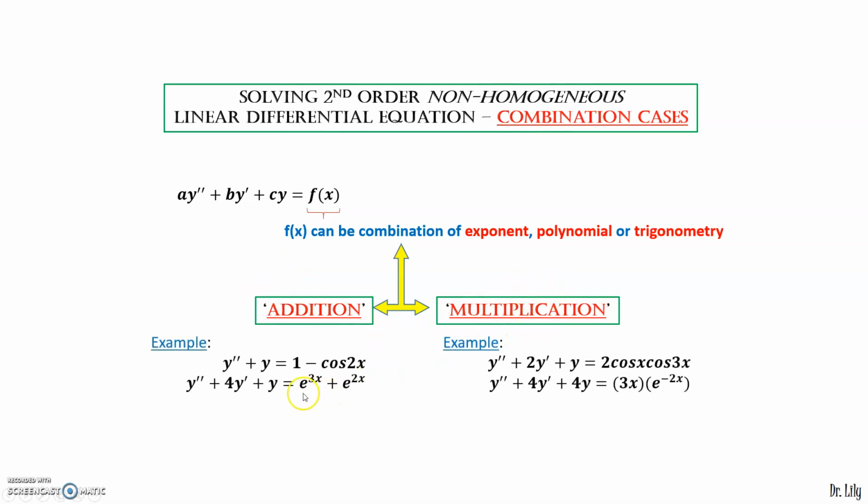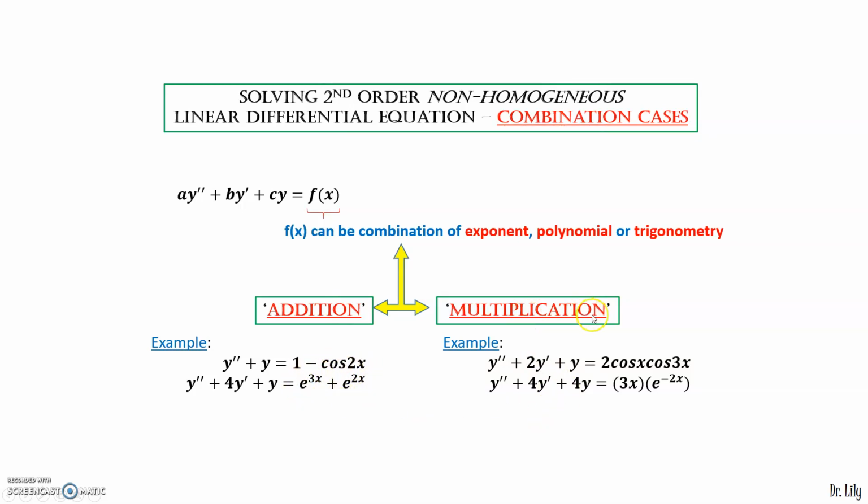For example, let's say you are given y'' + y = 1 - cos 2x. So the f(x) in this case, we consider as an addition of polynomial and trigonometry. For example number 2, the f(x) is represented by an addition of exponent and exponent function.